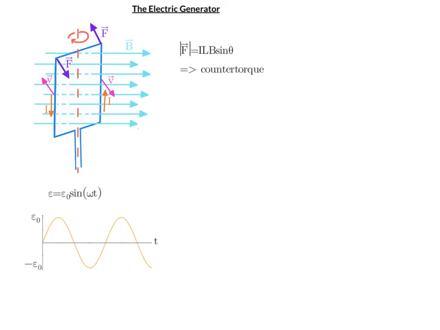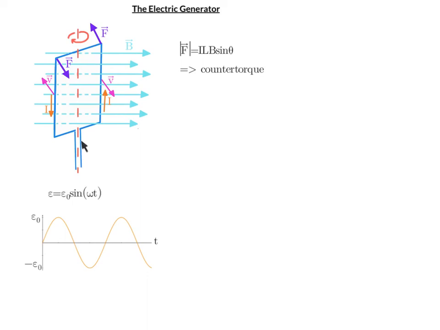Now, another thing to note about this particular loop in a magnetic field, we have seen something like this before. So before we talked about an electric motor, and the way an electric motor operated was that it had a current originally going through it, through this coil, and as a result of this current loop being in a magnetic field, it started rotating.